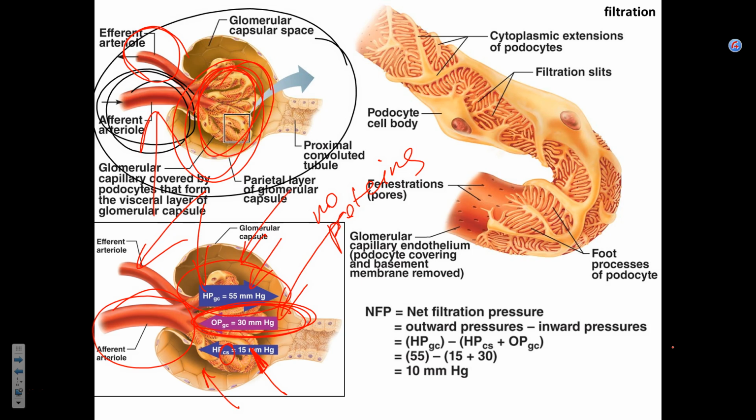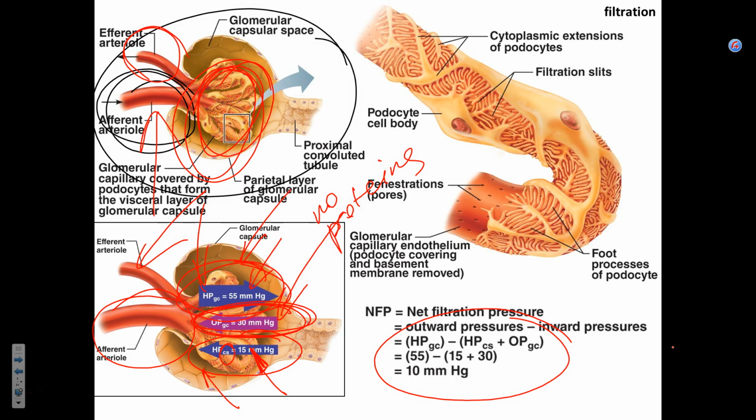Does that make sense? So essentially you have three pressures acting here: hydrostatic pressure from the blood in the glomerular capillaries, hydrostatic pressure from the filtrate, and osmotic pressure induced by albumin in the blood, which draws fluid back into the capillary. The net filtration pressure in the glomerular capillaries is 10.